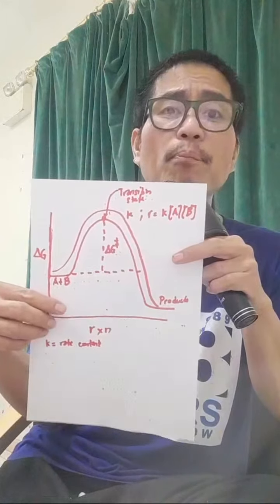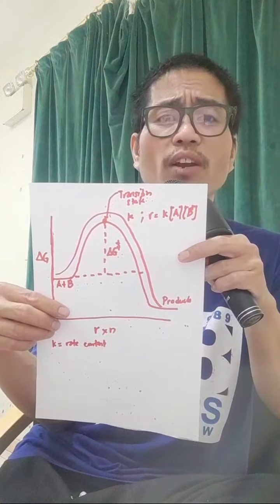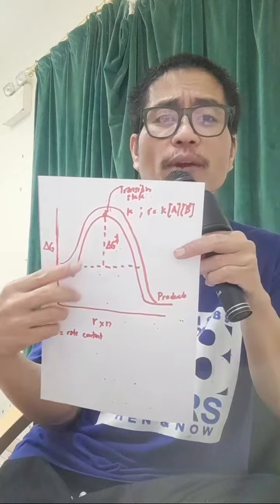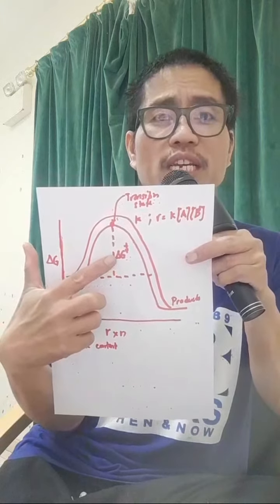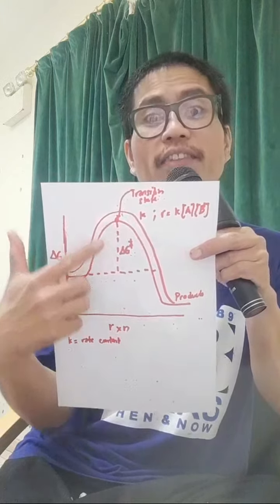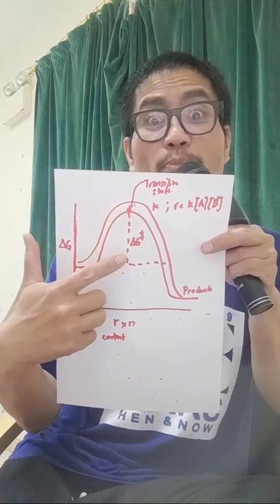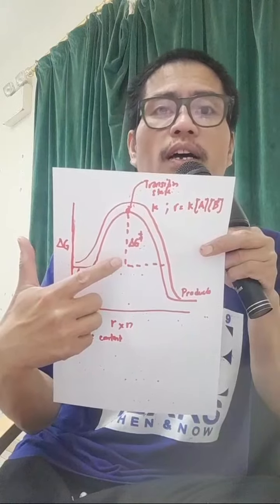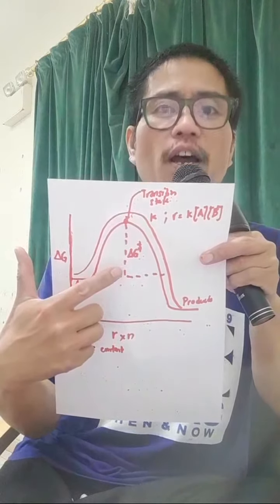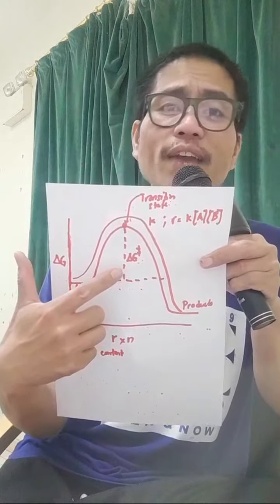Okay, guys. Now, if we have a delta G double dagger, automatically we also have a product AB double dagger proportional to the Gibbs free energy, because they are in the same point or region, in equilibrium with each other, obeying the law of conservation of matter.